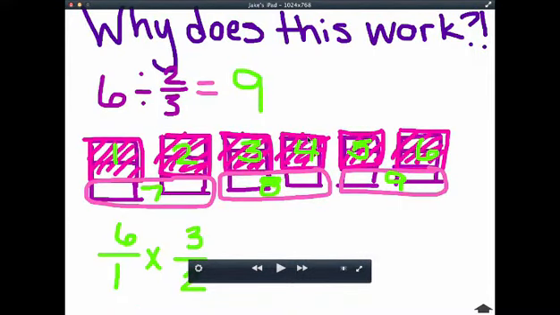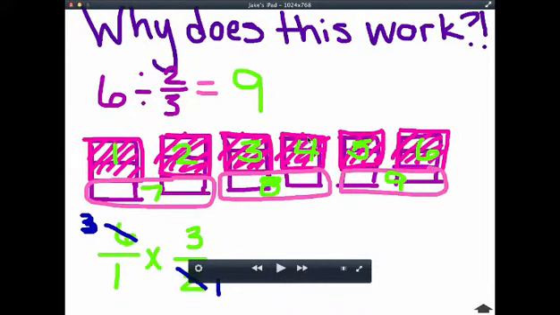Remember back in multiplying we talked about cross-canceling when we have numbers that can go into each other. Well, here we have a 6 and a 2, so I'm actually going to cross-cancel those. 2 goes into 6 3 times, so I'm left with a 3 up there and 1 time down here.